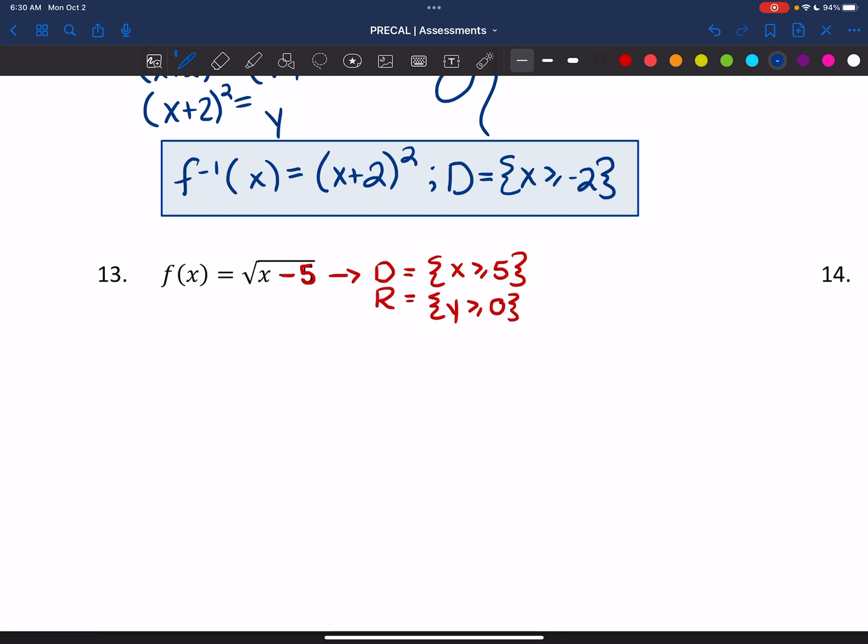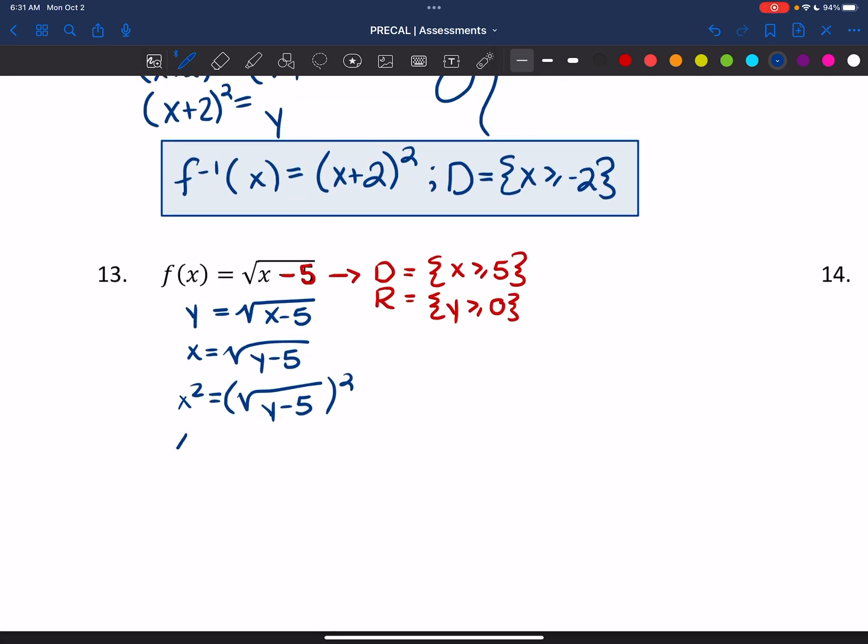Now, let's find its inverse. Replace f of x with y, and then switch x and y. Do opposite operations, which is instead of square rooting, we'll need to square.